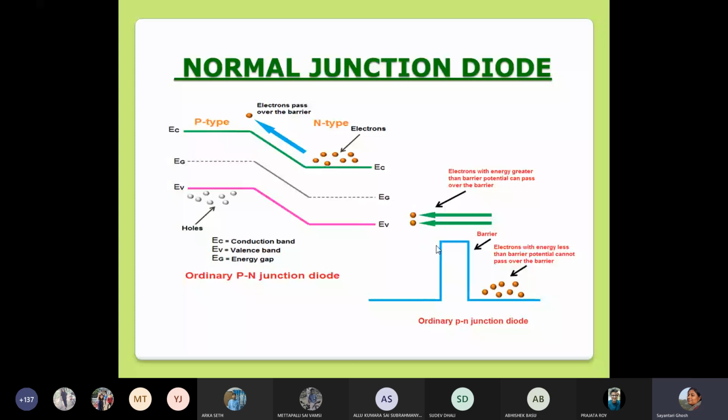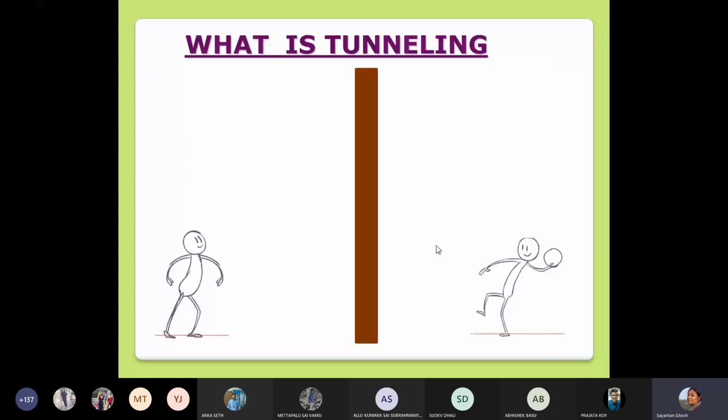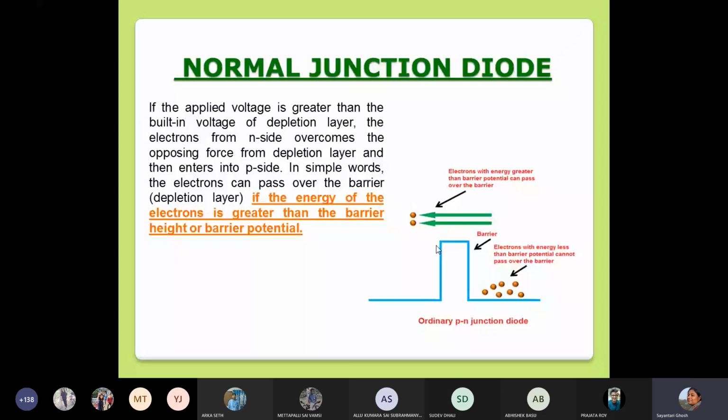Okay. Now what happens in a tunnel diode? To understand that, we have to understand what tunneling is. So in the case of a normal junction diode, the main thing to understand is that the energy of the electrons has to be greater than the barrier height or the barrier potential, right?